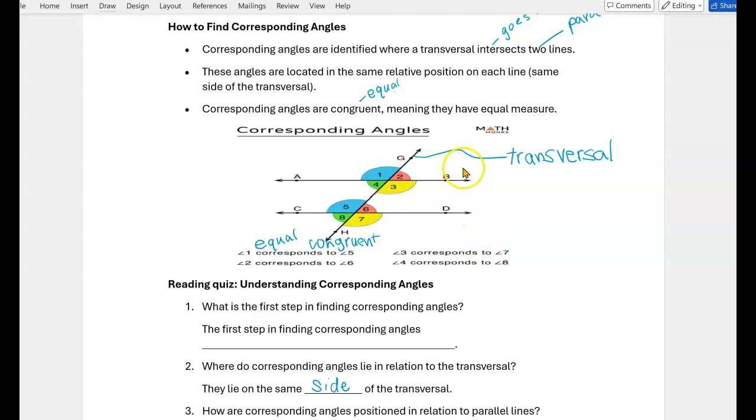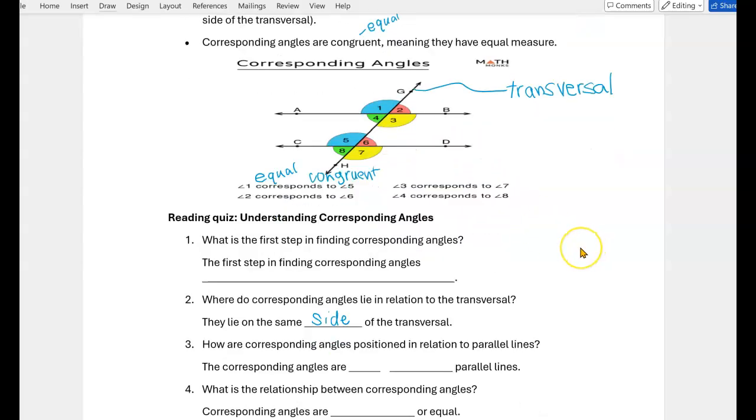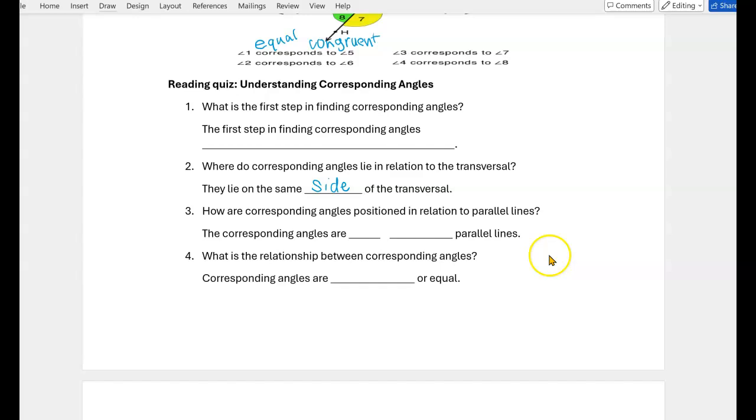Different parallel lines. So the corresponding angles are on different parallel lines.